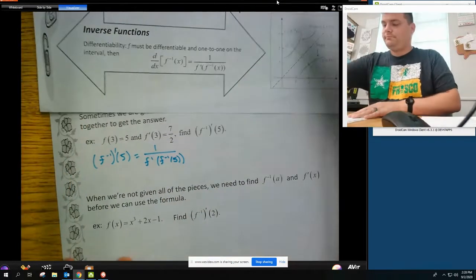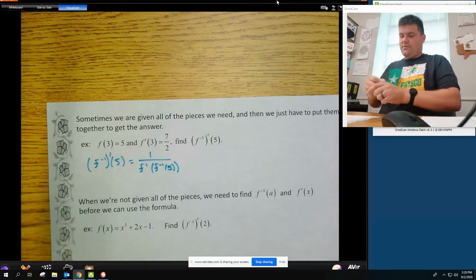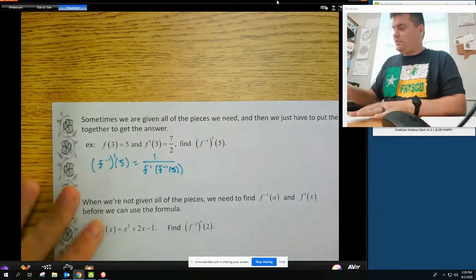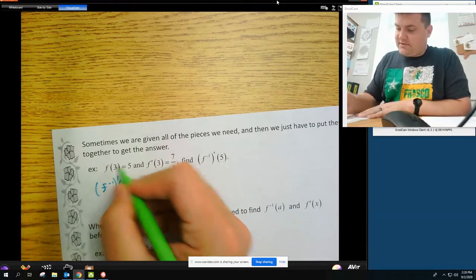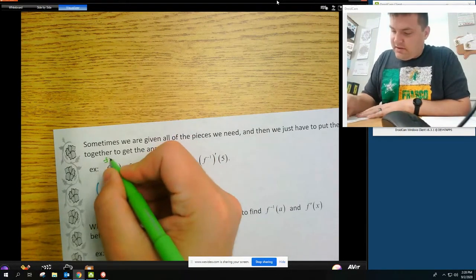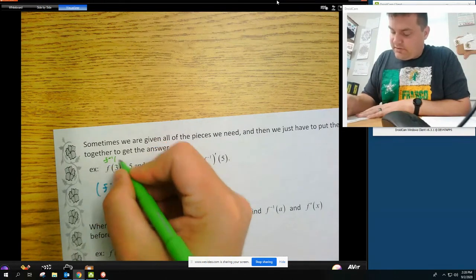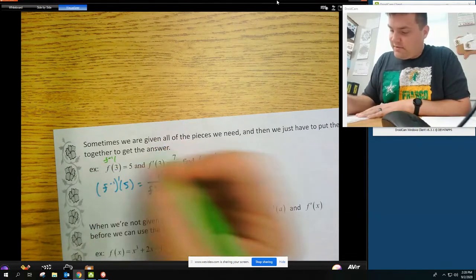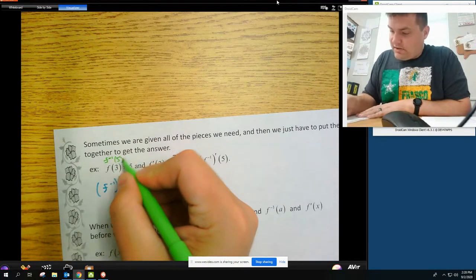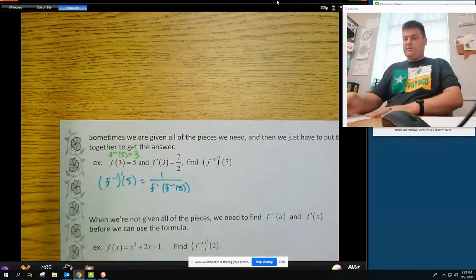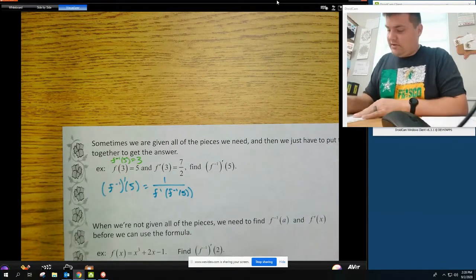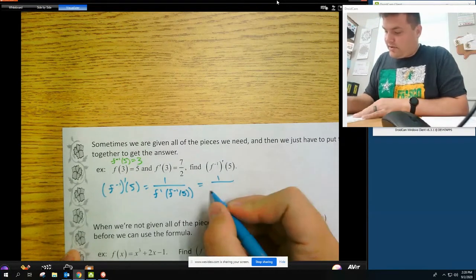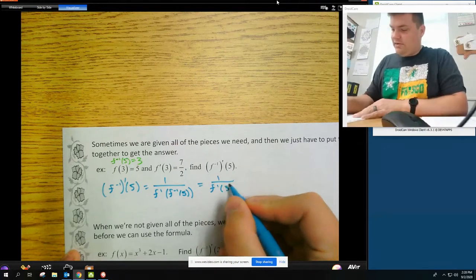Now, this first information we were given is what's really going to help us out. Since f of 3 is 5, the inverse of 5 is 3, because remember, we just switch our x's and y's. So this is going to equal 1 over f prime of 3.